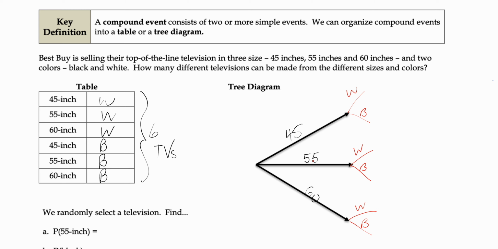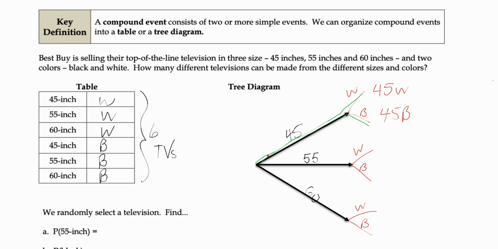So each branch from beginning to end represents one of the televisions. So we have a 45-inch white TV. That's if we follow this branch. If we follow the next branch and instead go down, we have a 45-inch black TV.